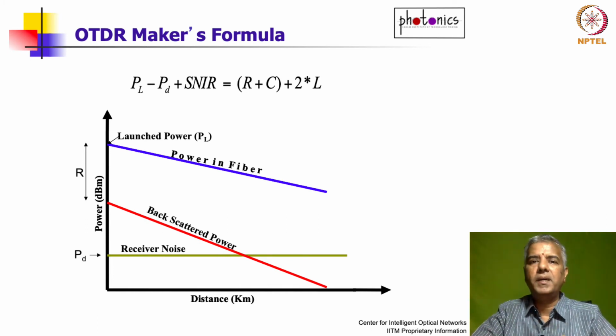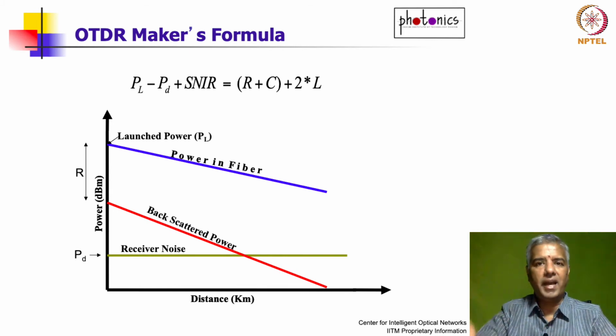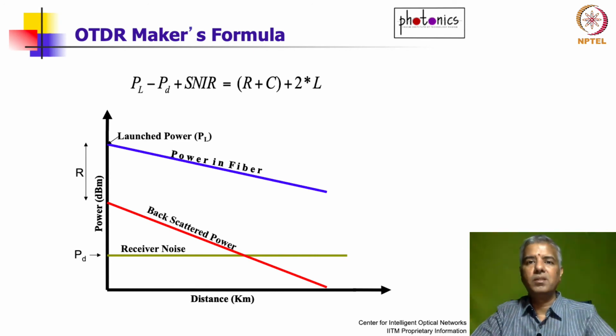You send another pulse and you get the backscattered signal. Then you add that to whatever you got for the first pulse, and then you send another pulse, get the backscattered signal, add that, and so on. So when you add all these signals, if you say n pulses you have sent and you've gotten signals back, the signal amplitude goes as n, whereas for the noise, the noise variances add, but when you talk about the RMS value, that is going to be root of n.